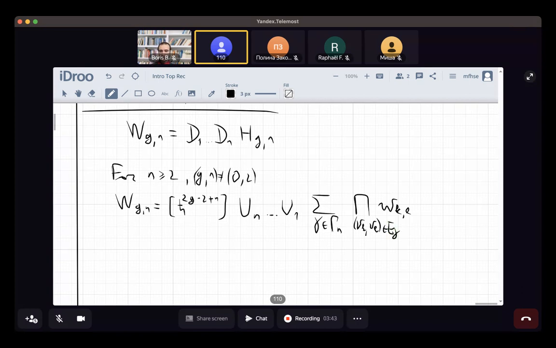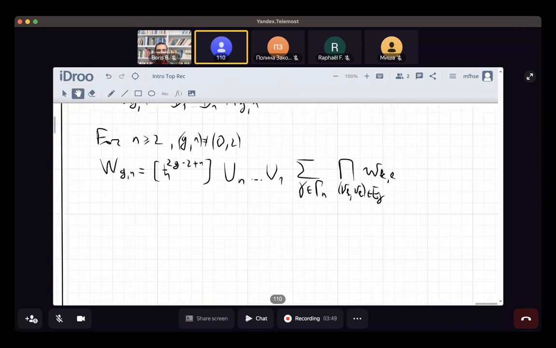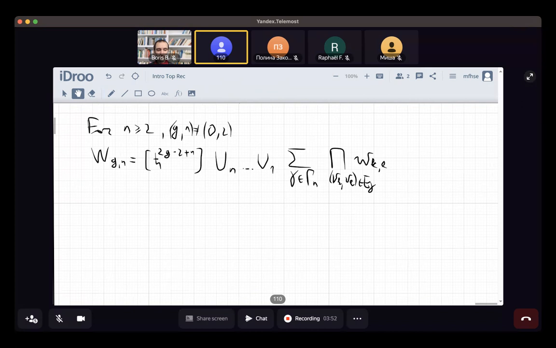Here we have the product over all edges in the connected simple graph. So you remember this formula, right? By the way, is the recording enabled? Yes. Okay.